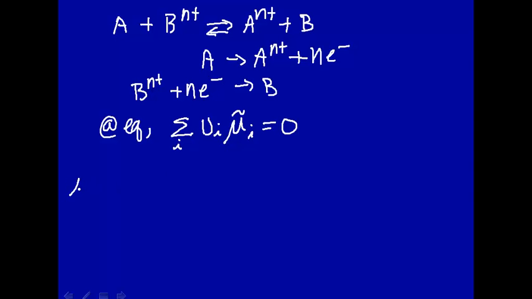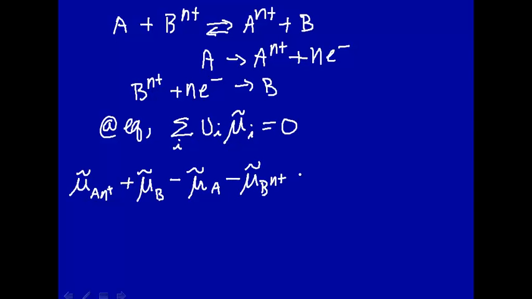This means that the electrochemical potential of A^n+ plus the electrochemical potential of B, minus the electrochemical potential of A, minus the electrochemical potential of B^n+, you add all those things up, you have to equal 0 at equilibrium.